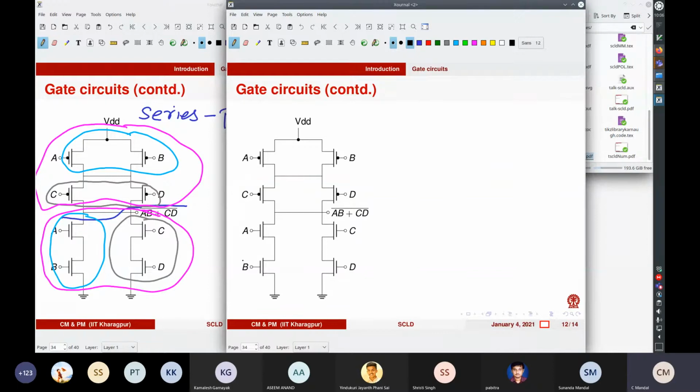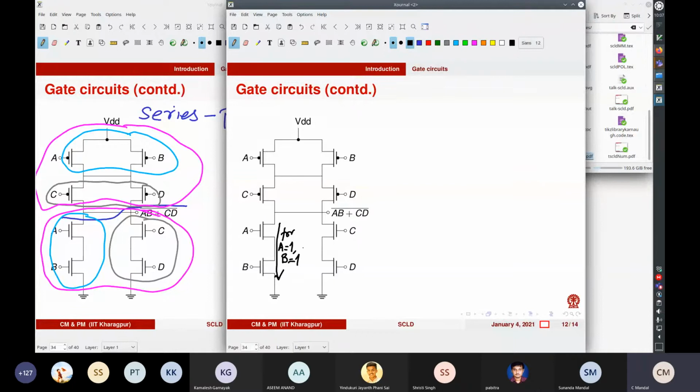So what you find is that if both A and B are 1, you have a parallel path. This is for A equal to 1 and B equal to 1.